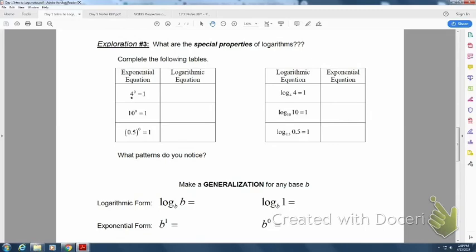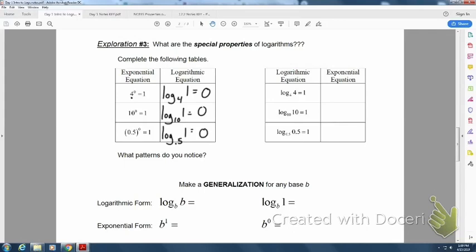I'm going to have log base 4 of 1 equals, and I'm not going to put what it equals to yet, log base 10 of 1, and log base 0.5 of 1. Looking at what's up here right now, what's similar in all three of those? The ones. So if you have log base, it doesn't matter, of 1, it is always going to equal 0.